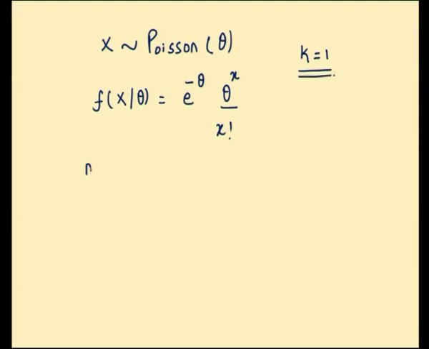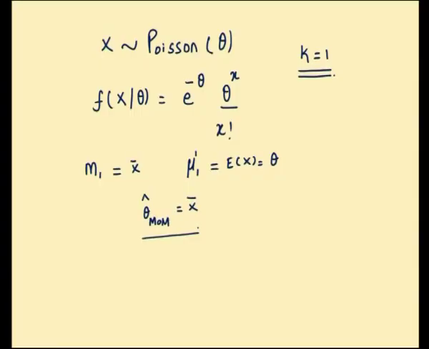Once again I quickly calculate m1, which is as before x bar, and mu 1 dash, which is nothing but the expectation of x. In this case again it is theta, so comparing, we get theta hat of MOM, that is the method of moments, is x bar. So somehow both examples have very similar answers, but not necessarily. These examples are only to illustrate the significant steps involved, what to calculate, and then finally what to do with the method of moments.